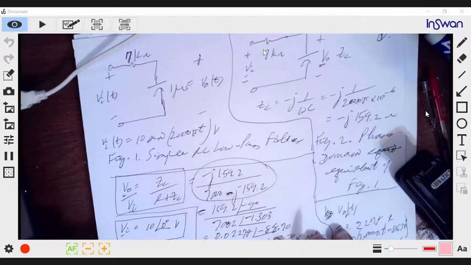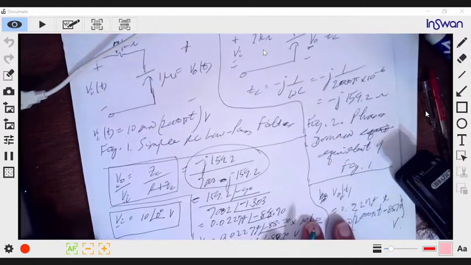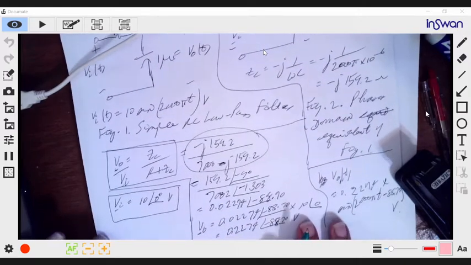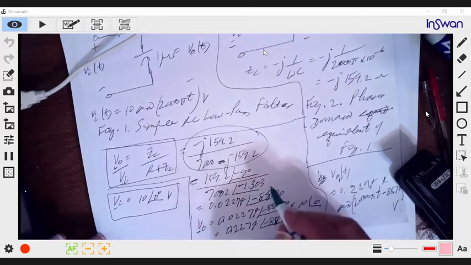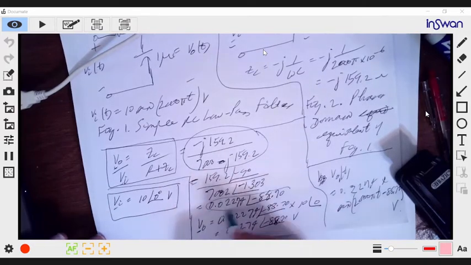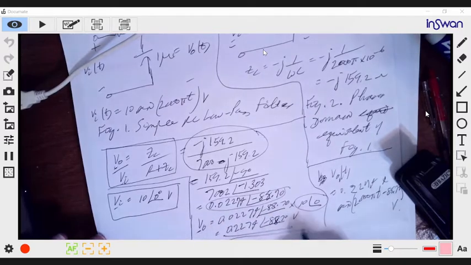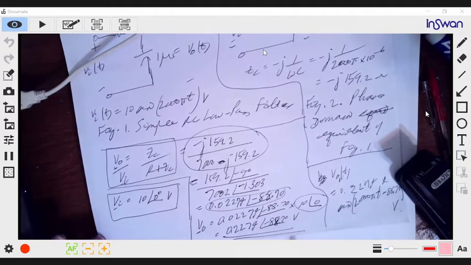There's the working. And then we go for V out. We have to multiply this by VI. And there is V out phasor. Any questions so far?